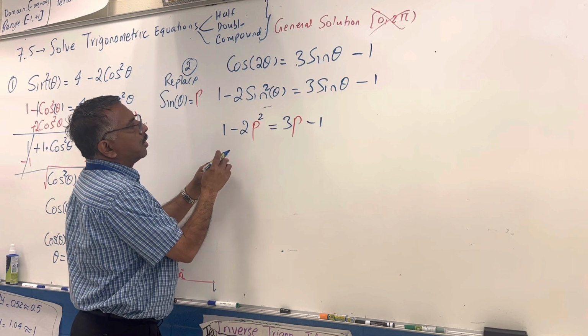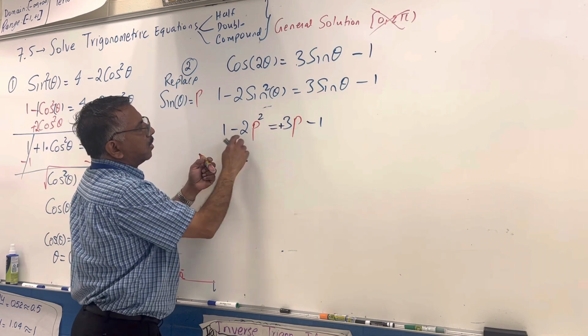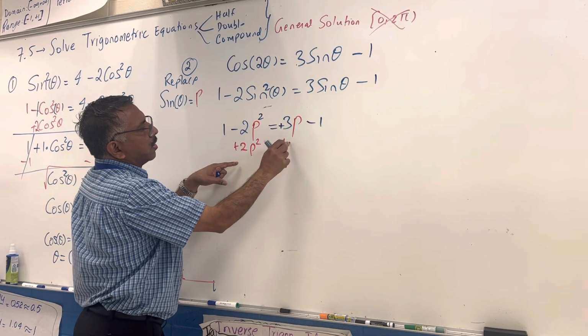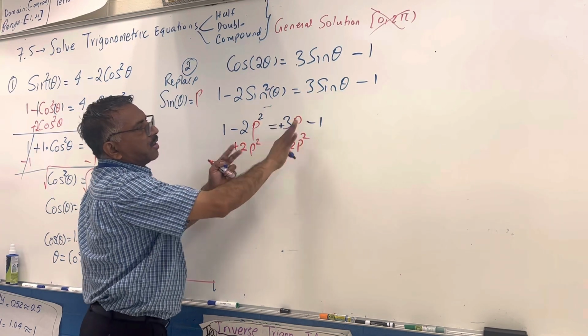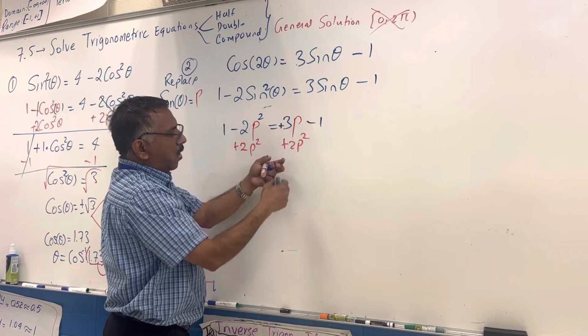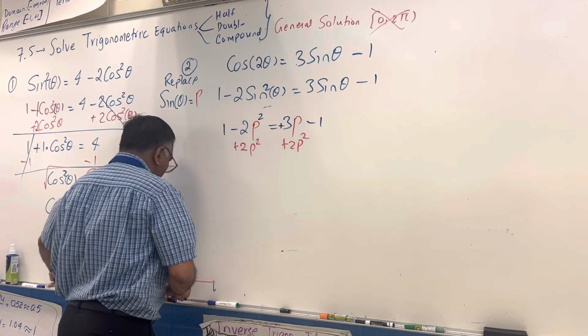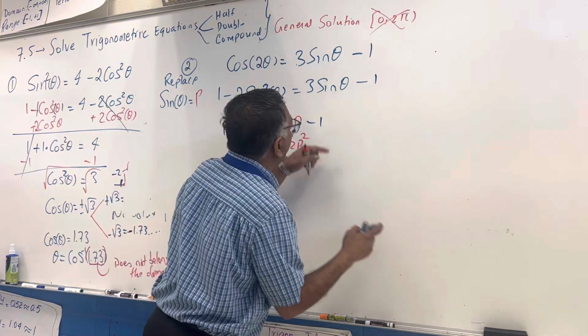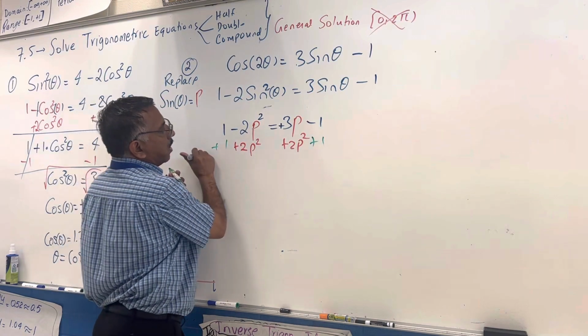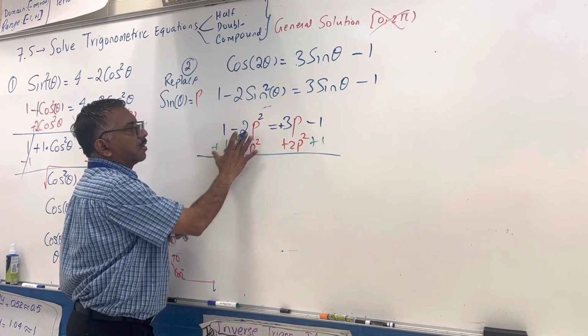So what I'm going to do is, because there's a minus 2 here, add 2p squared. Everything we want on one side, so this is going to be p squared, but we don't want that minus 1, so let's use 2 steps.